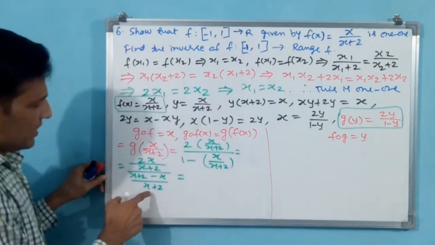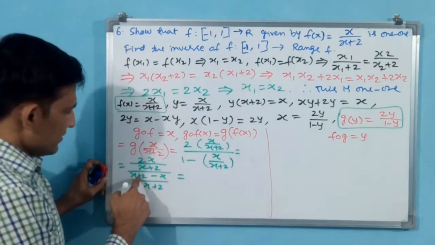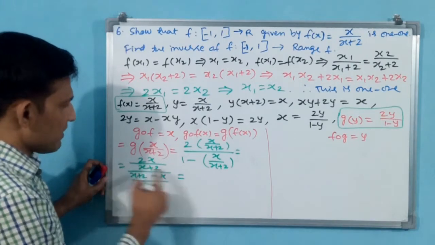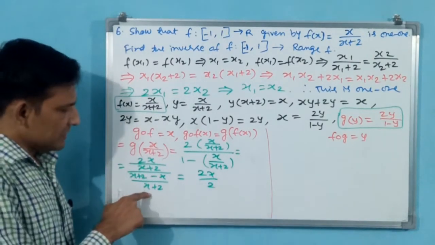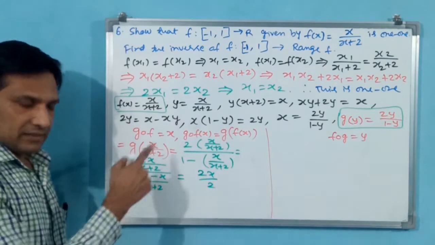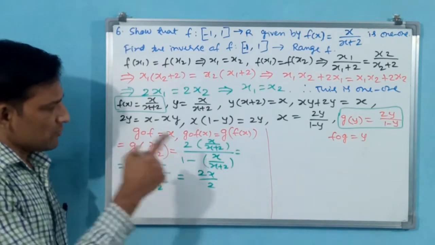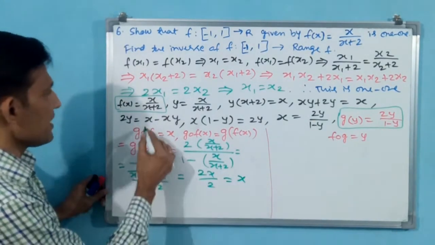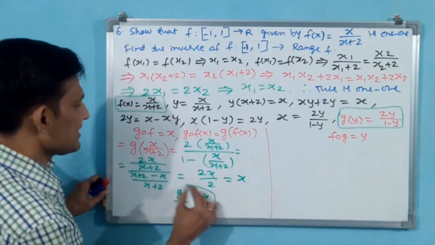That is equal to, you see, x plus 2 is going to get cancelled, 2x by, here plus 2 plus x minus x is going to get cancelled, 2x by 2. First x plus 2 cancels, then plus x minus x you cancel, 2x by 2 will come, which means x will come, 2 gets cancelled. That means gof has come x, LHS is equal to RHS.